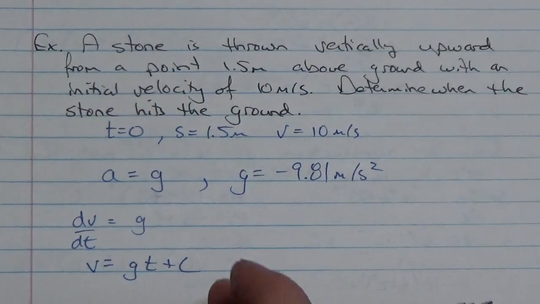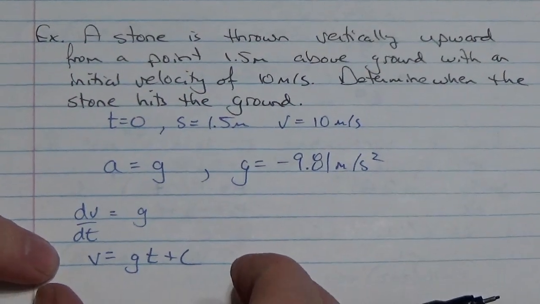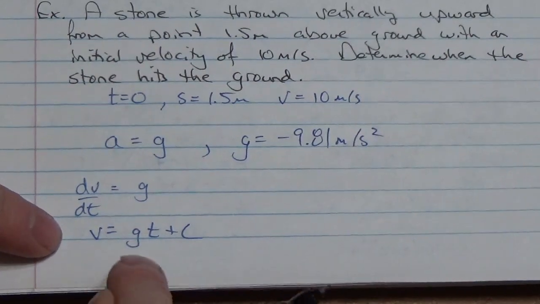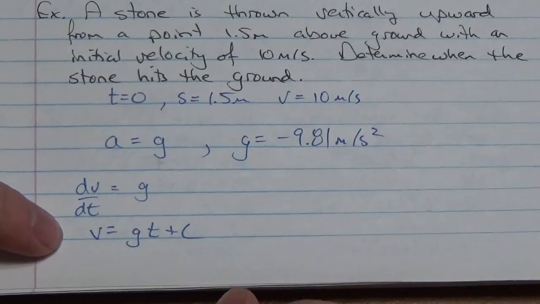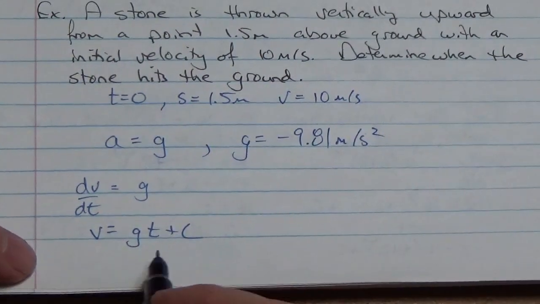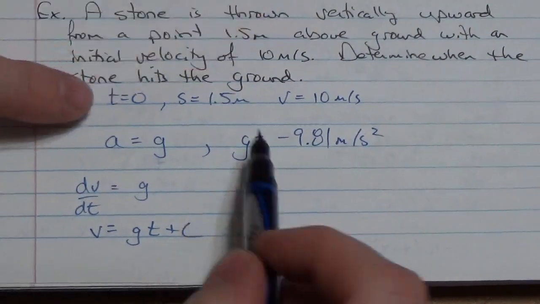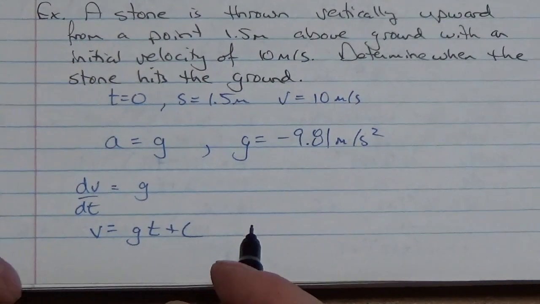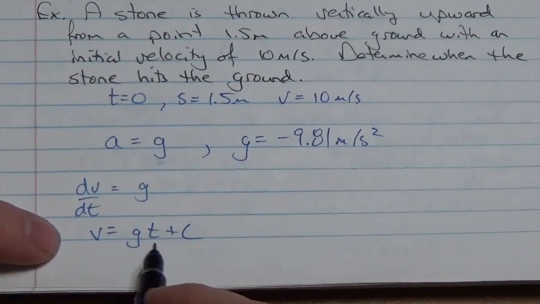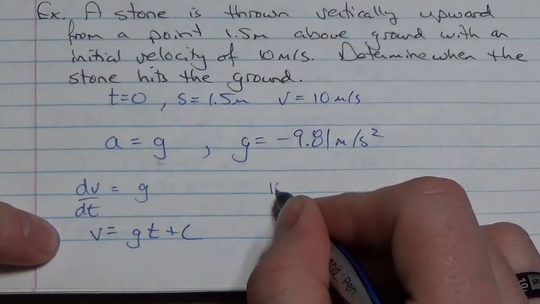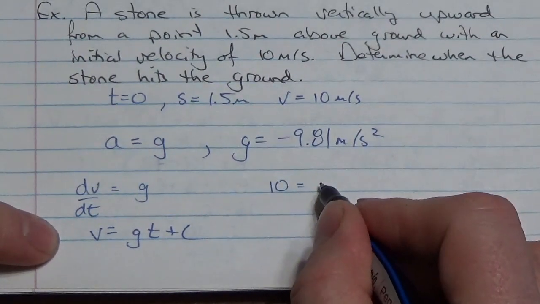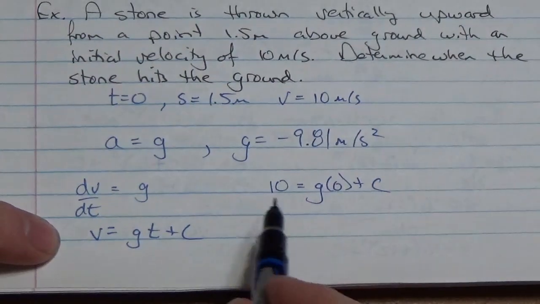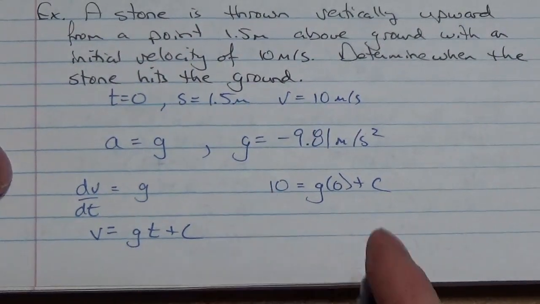Even right now, some of you should start to look at that and go, hey, wait a minute. I have some initial boundary conditions up here that should help me. I know that initially, when time is equal to 0, my velocity is 10. Positive 10, positive because it's going up.